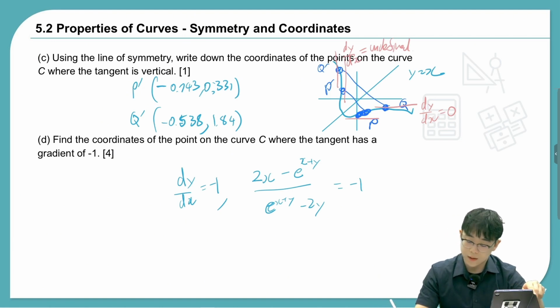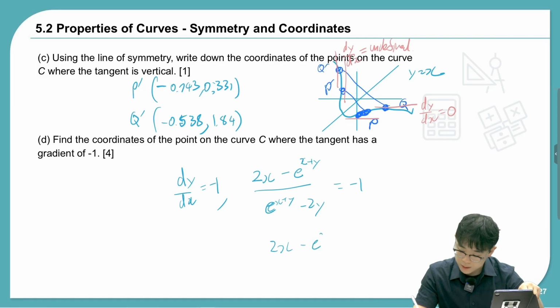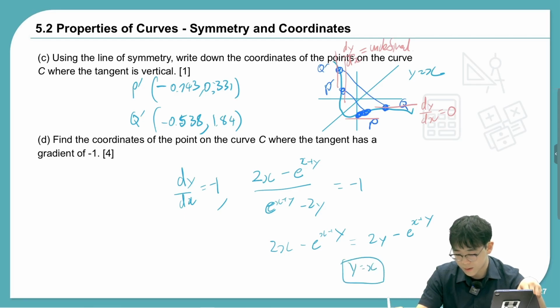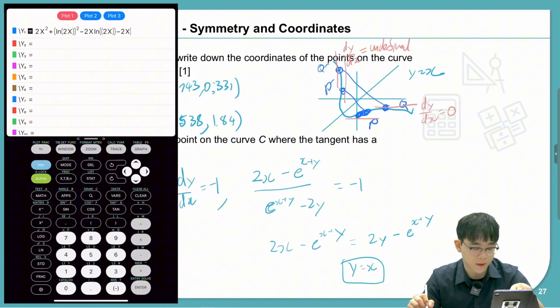So if we would do that, we would actually get 2x minus e to the power of x plus y is equal to 2y minus e to the power of x plus y. So actually, we can kind of get ahead of ourselves and say that, okay, y is going to equal x in this case, right? But you could also just do it on your calculator.